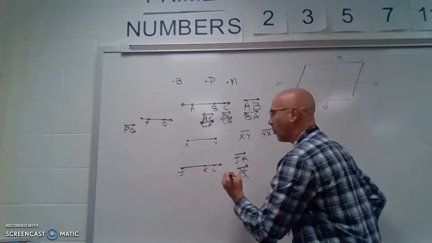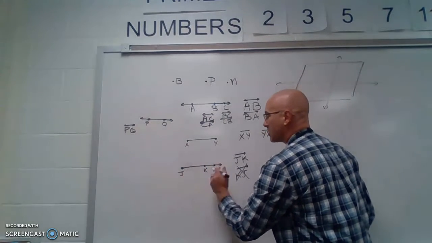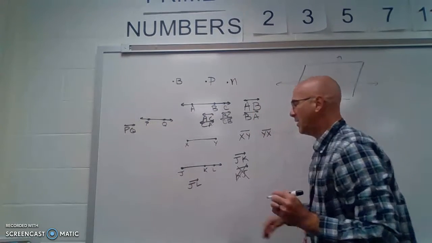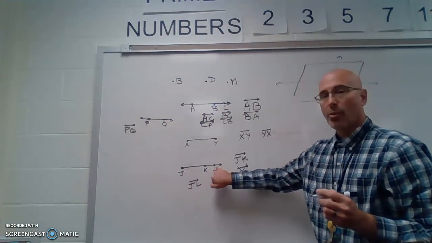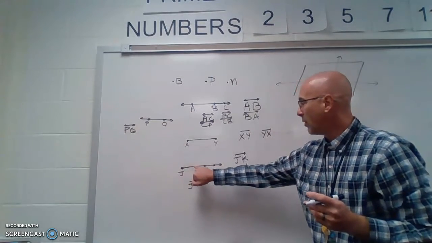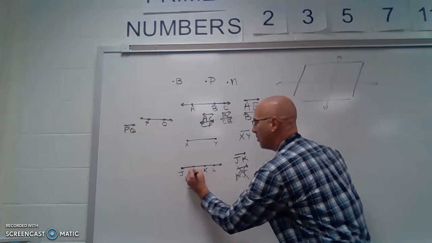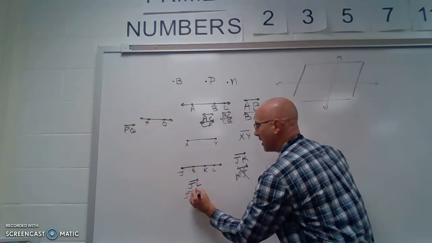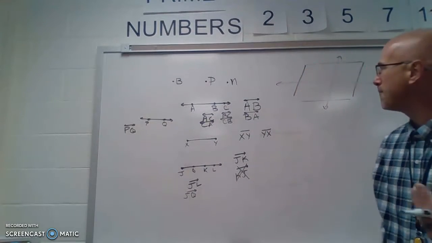What if we had the point L? We could name this ray also ray JL. The endpoint is still J, but we're just labeling another point. And since all the points are on this ray, we could label whatever. What if we had the point Q right here? We could label this ray JQ. Lots of different ways.